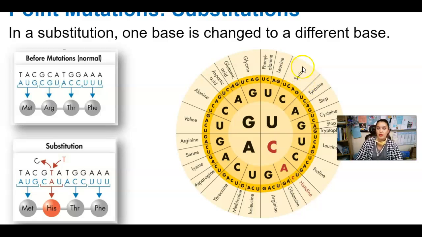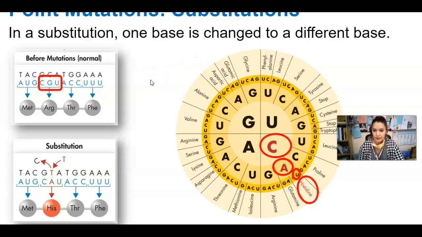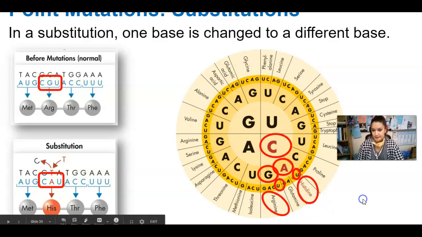Okay, so point mutation, again, type is substitution. In a substitution, one base is changed to a different base, like we said. This one was changed from arginine to histidine. There's arginine, there's histidine.